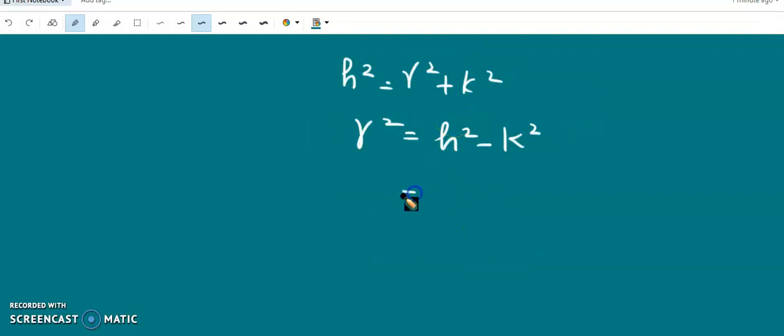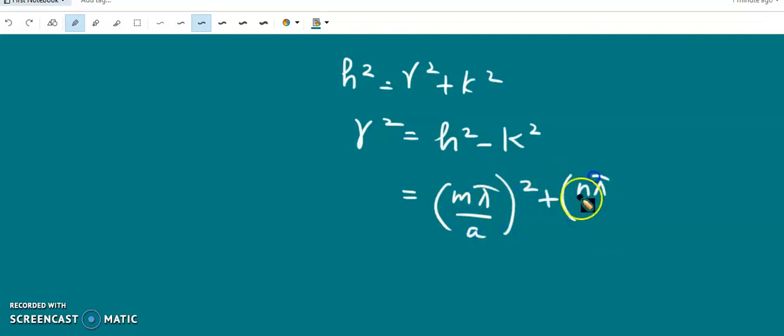So h cannot take all the possible values. It can take only certain values: m pi by a whole square plus n pi by b whole square. And k is omega root mu epsilon, and therefore k square is omega square mu epsilon.